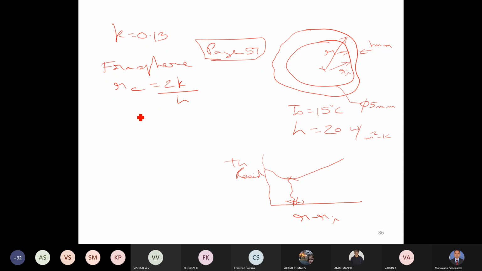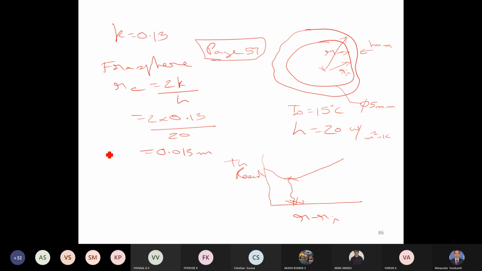So this is 2 multiplied by K, which is 0.13, divided by H, which is 20. This will give you 0.013 meters as the critical radius of insulation.